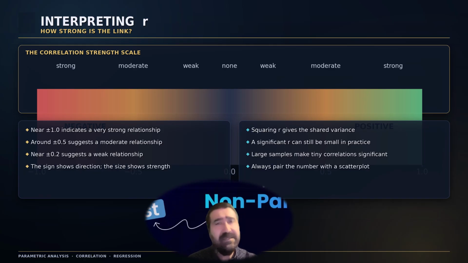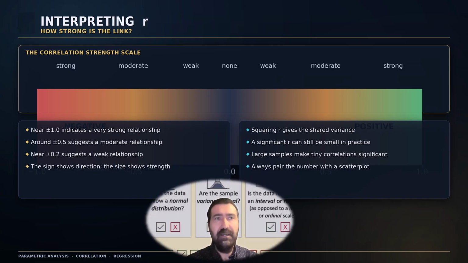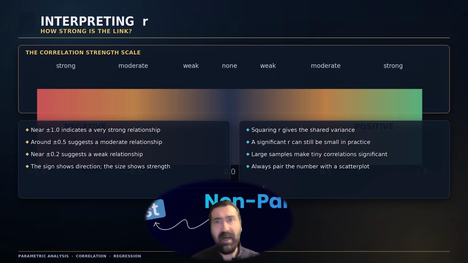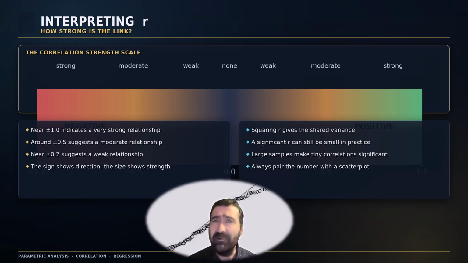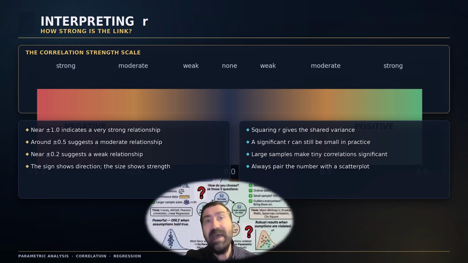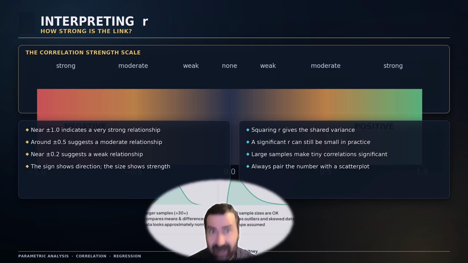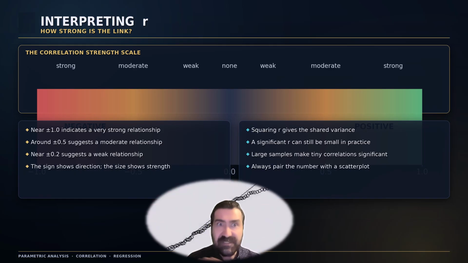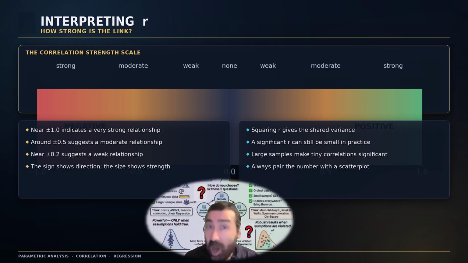Let's do interpreting r. Okay, so we know that r runs from -1 all the way to +1. But how strong is strong, really? Let us put some actual meaning onto the scale. Picture a ruler stretching from -1 on the far left to +1 on the far right, with zero sitting right in the middle.